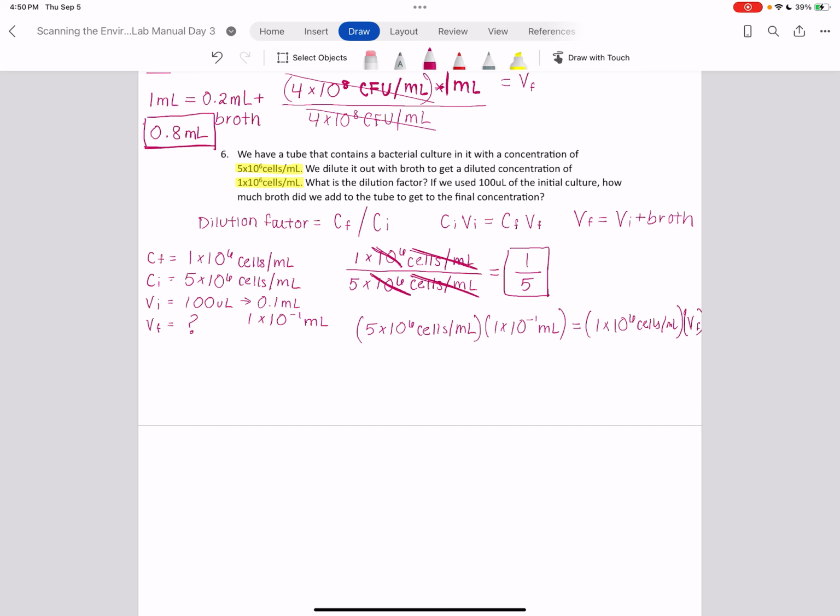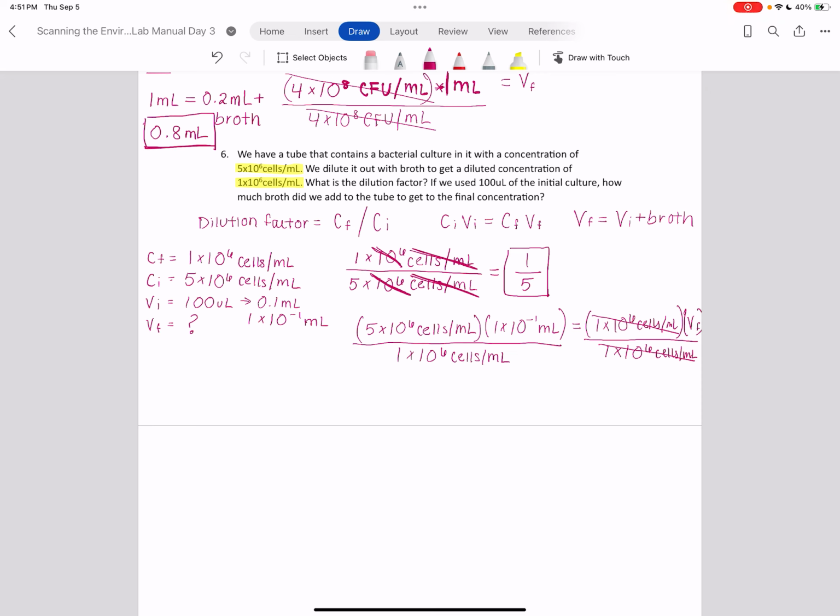Okay, so the same thing like we did above, we want to isolate our variable, and so what we'll do is divide both sides by this 1 times 10 to the 6th. Now again, we can cancel out some numbers. So this whole thing on this side will cancel out, top and bottom. And now we can actually cancel out some other things over here.